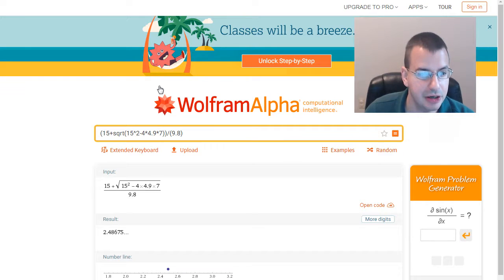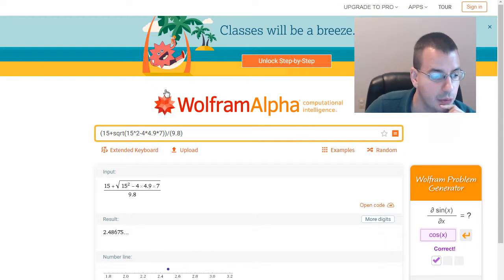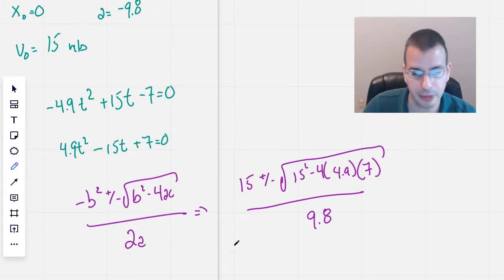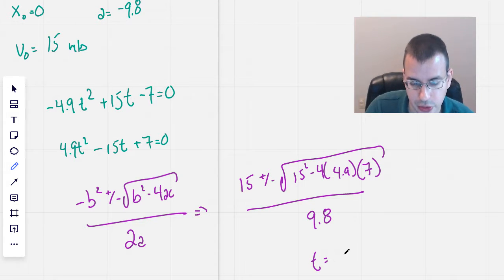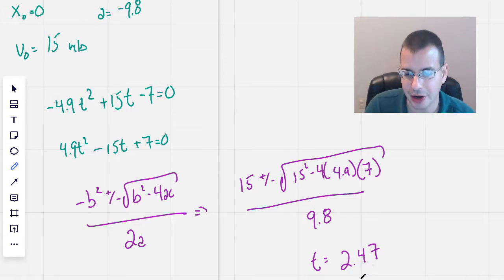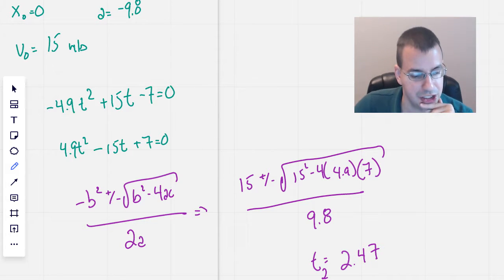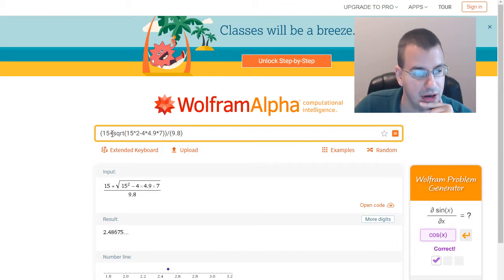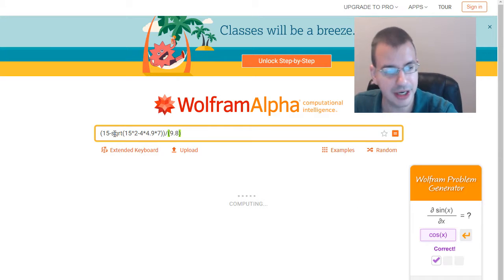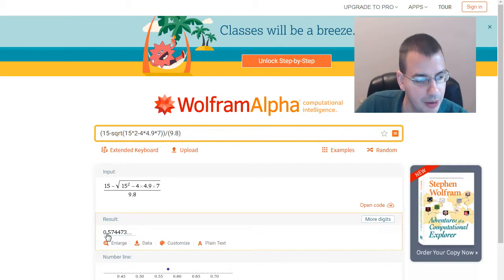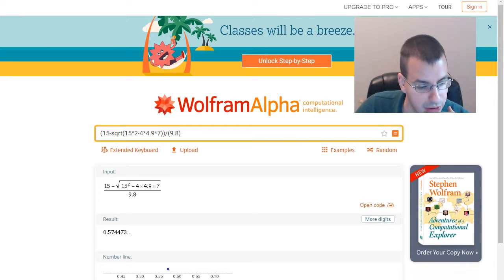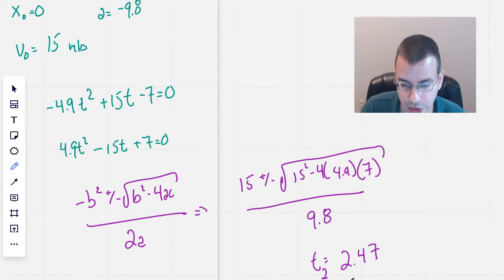This should give us the bigger of the two. So t equals 2.47. I know I rounded a little bit. I'm going to call this t2 because it's the big one. I probably should have solved for t1 first. Such is life. With the minus sign, we get 0.74.